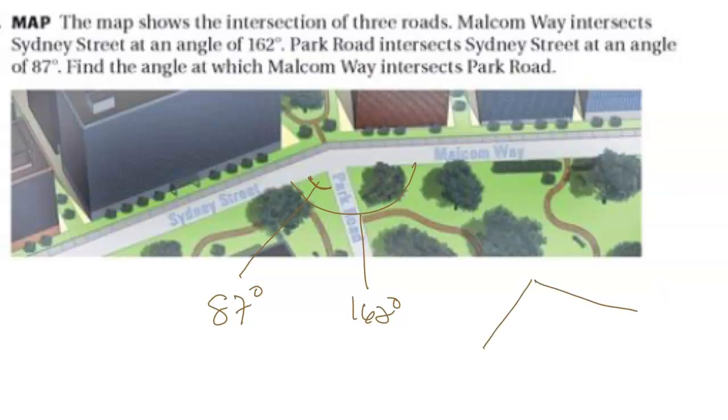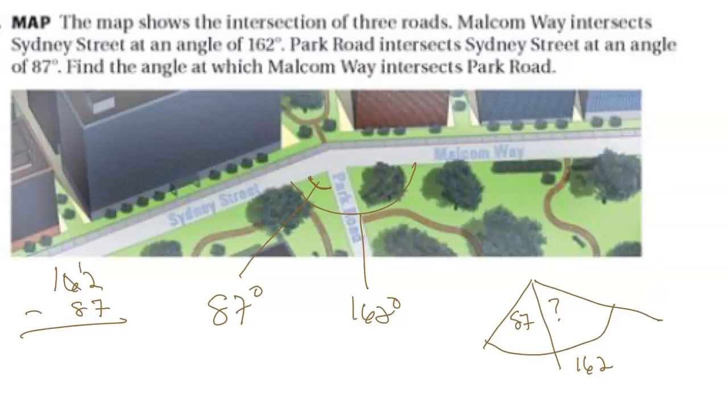Same idea. Here's the big angle, that's 162. This is 87. This is the question mark, but this big boy is 162. So you should be thinking ahead and saying, okay, I'm going to do a subtraction and I'll get it. So you're going to borrow this time. 12 minus 7 is 5. This became a 5. I have to borrow there. And 15 minus 8 is 7.